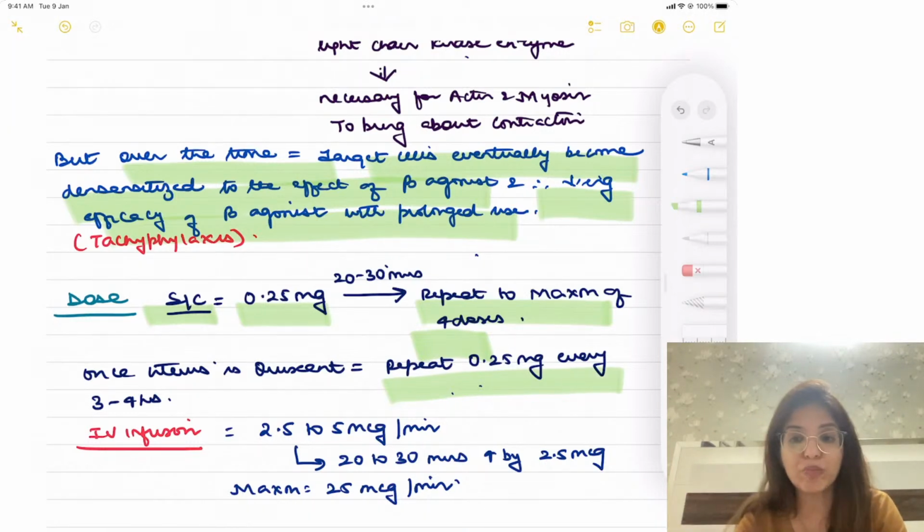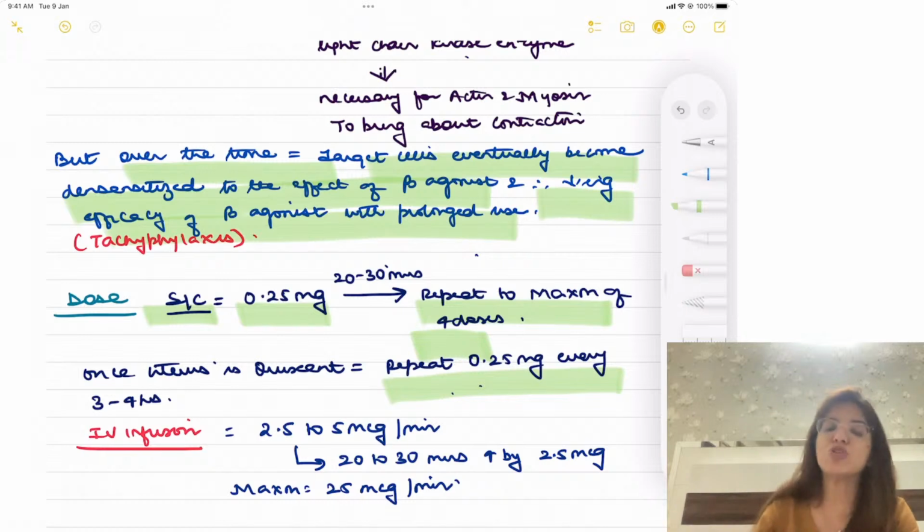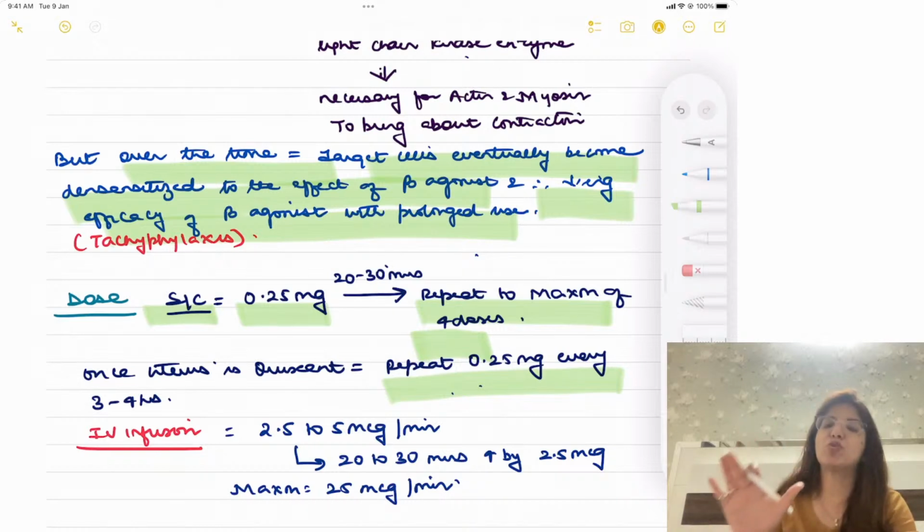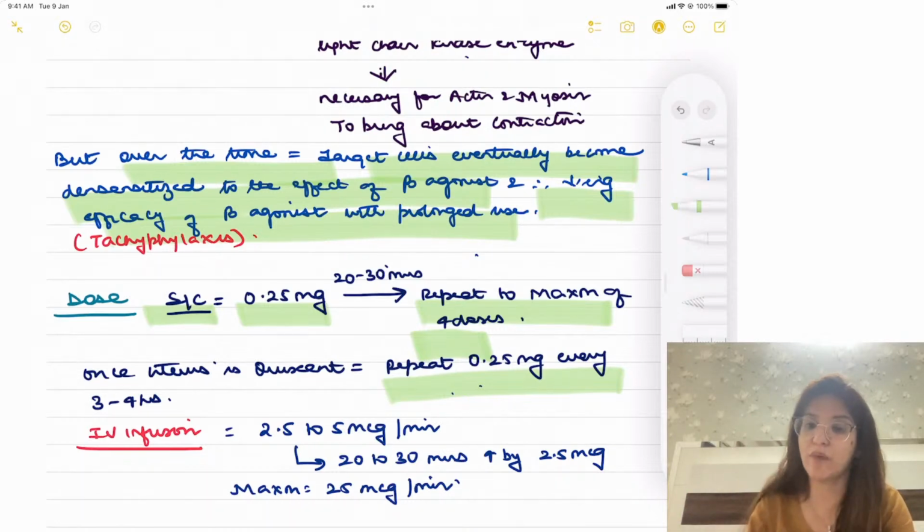So how are you going to bring about tocolysis? Initially, give terbutaline 0.25 mg subcutaneously, which you can repeat every 20 to 30 minutes so that the uterine activity stops, maximum up to 4 doses. And once the uterine activity has stopped, you give subcutaneous injections of 0.25 mg every 3 to 4 hours.